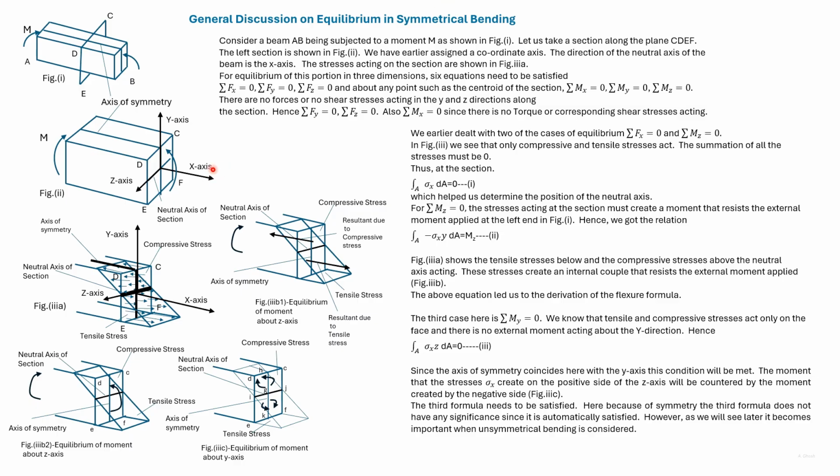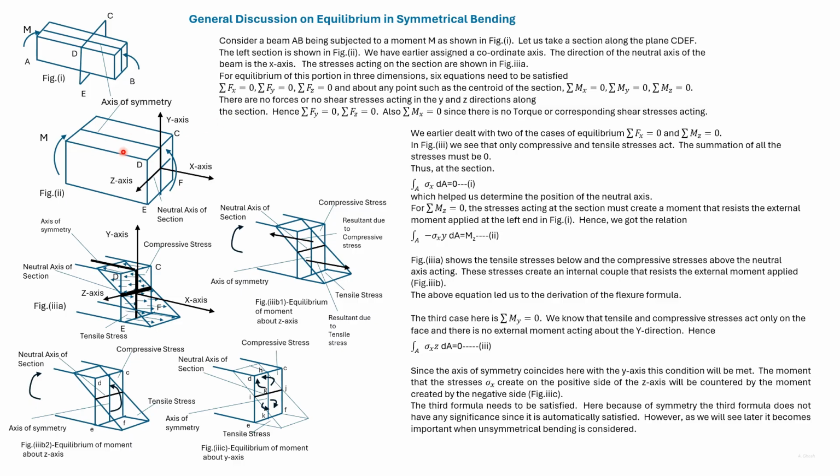Also, there's no torque, that is, no moment acting about the x-axis, so we get summation Mx equal to 0. So out of the 6 equations, 3 equations are automatically satisfied. We are left with summation Fx equal to 0 and 2 moment equations that are not satisfied automatically.